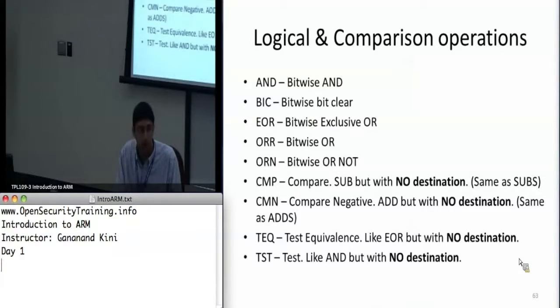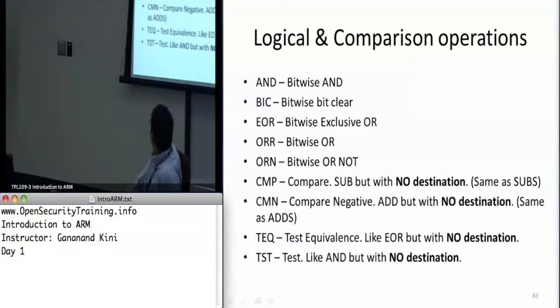Exclusive OR does the exclusive OR of two operands and stores it into the destination register. ORR is the instruction for bitwise OR, and similarly, bitwise OR NOT takes the one's complement of the second register, and then bitwise ORs it with the first one and stores the result into the destination register.